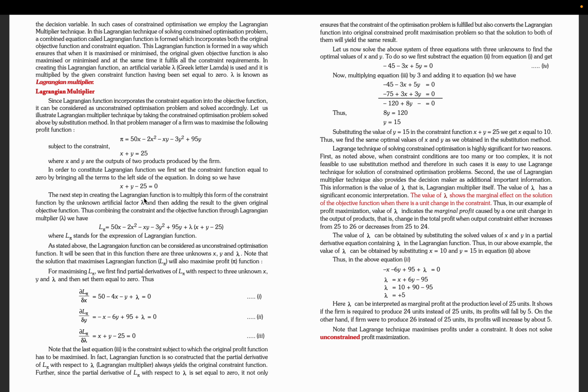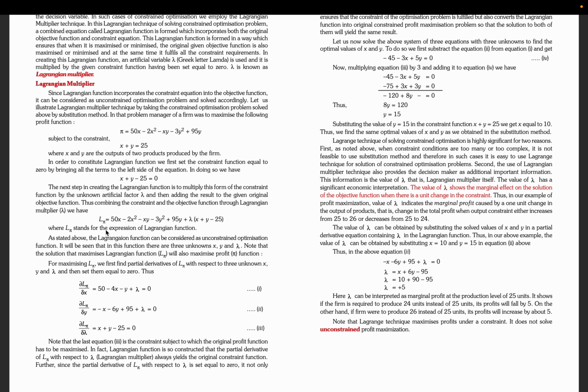The next step in creating the Lagrangian function is to multiply the form of the constraint function by the unknown artificial factor lambda, and then add the result to the given objective function. So you add whatever you obtain here times lambda to this, and that's how you get the Lagrangian function.